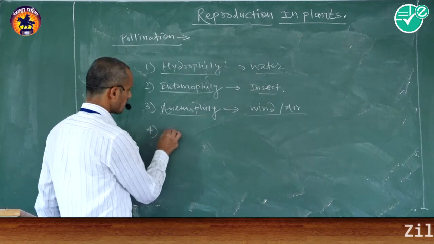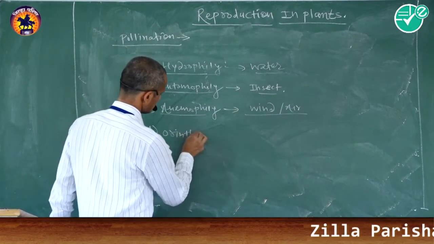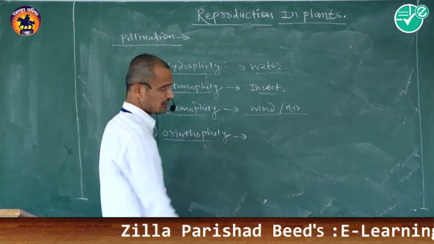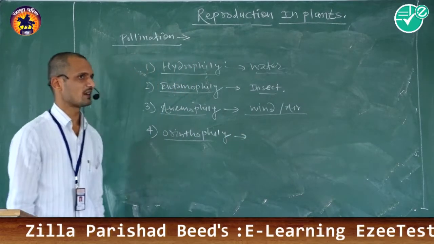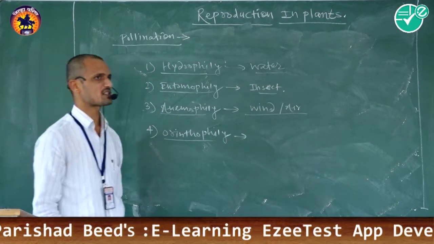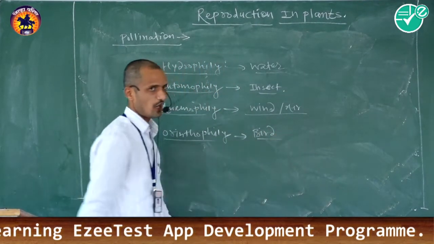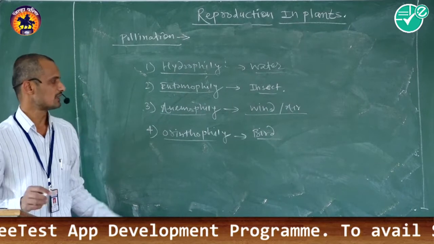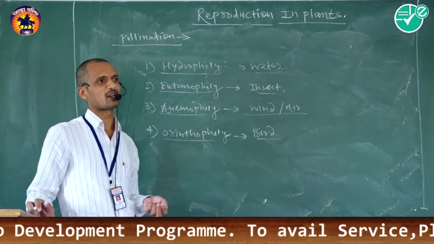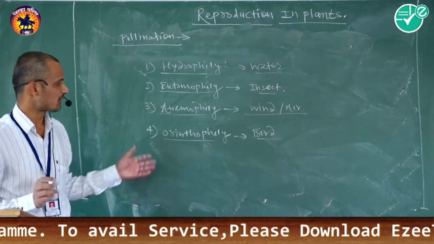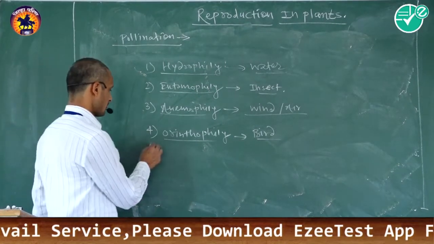Then ornithophily. Ornithophily means the pollinating agent, that is birds, are required for the completion of pollination, that is called as ornithophilous pollination and the process is known as ornithophily.